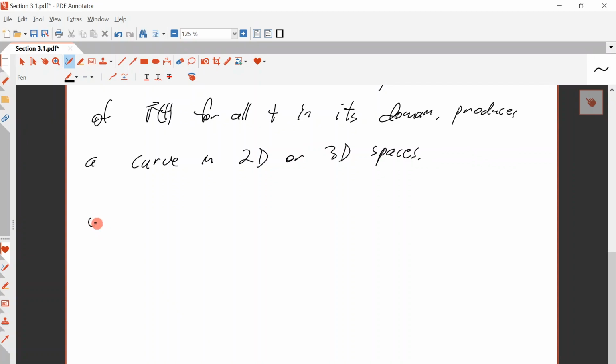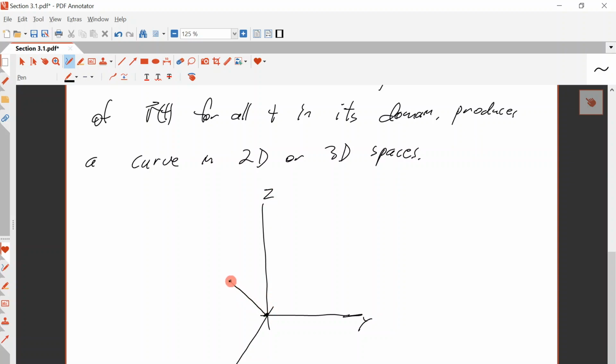So, for example, let's do one that you've seen several times before, but we'll take a look at it in this context. Let me give you a more general picture also. Just in general, it looks like this. You have your x, y, and z axes for three-dimensional space.